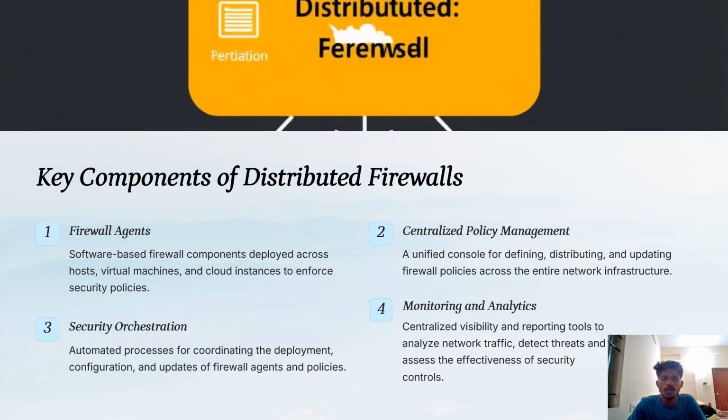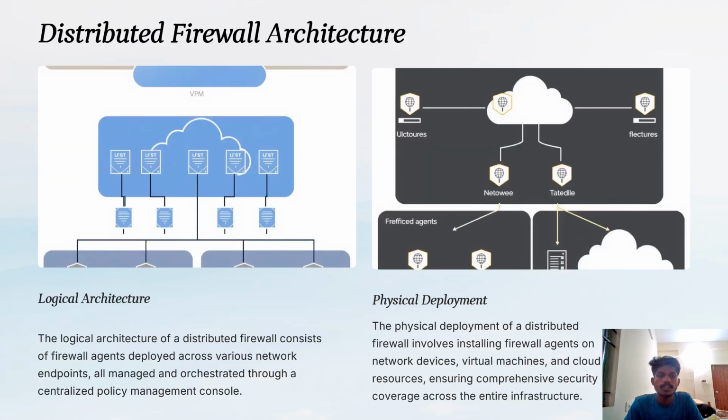Now moving on to the next topic. Next, we have the distributed firewall architecture. Mainly two types: one is logical architecture, one is physical deployment. The logical architecture of a distributed firewall consists of firewall agents deployed across various network endpoints, all managed and orchestrated through a centralized policy management console.